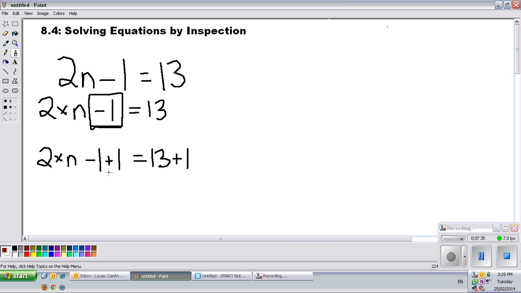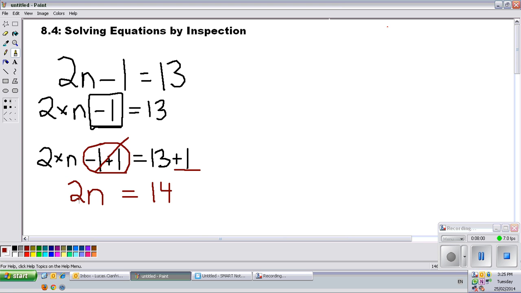All we've done is we've added a plus 1 to each side of our equation. The plus 1 and the subtract 1 on the left side will cancel out, leaving us with just the 2n, and 13 plus 1 will give us 14.